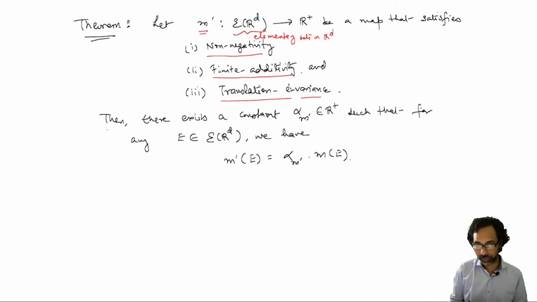Then the theorem says that there exists a constant alpha M prime. So this constant alpha M prime only depends on M prime, such that for any elementary set E in Rd, we have that M prime of E is equal to alpha M prime times m(E), and this is our elementary measure on the right.